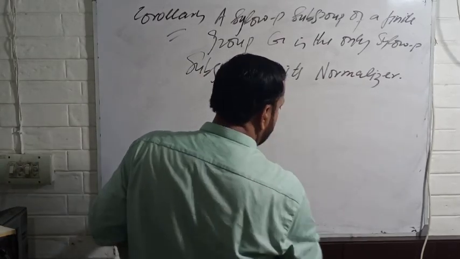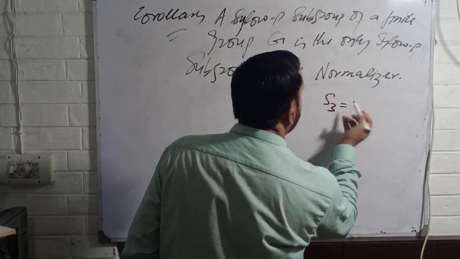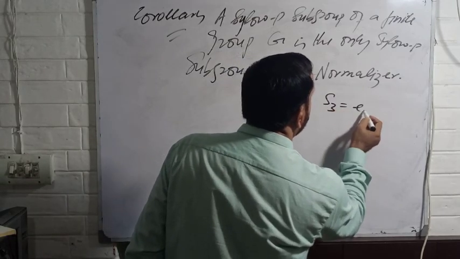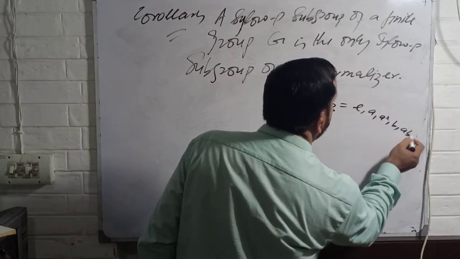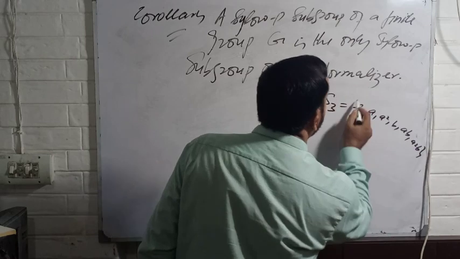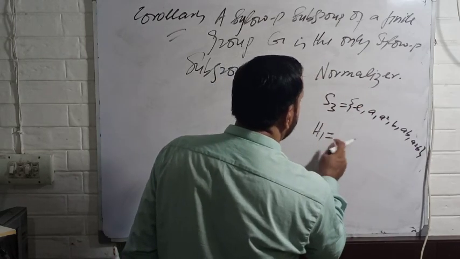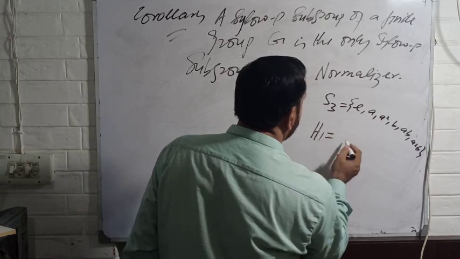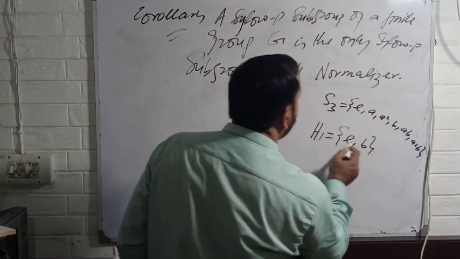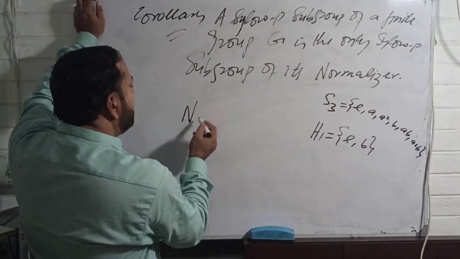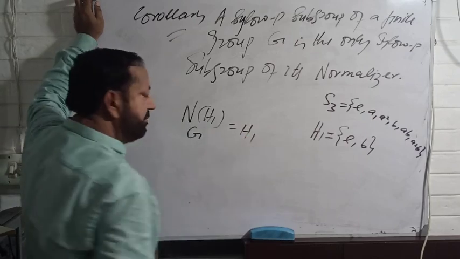Okay. So one simple idea is if I take S3, you know S3 is E, A, A square, B, AB, A square B, and H1 is equal to {E, B}. From here, if I find the normalizer of H1 in G, this would be equal to H1.